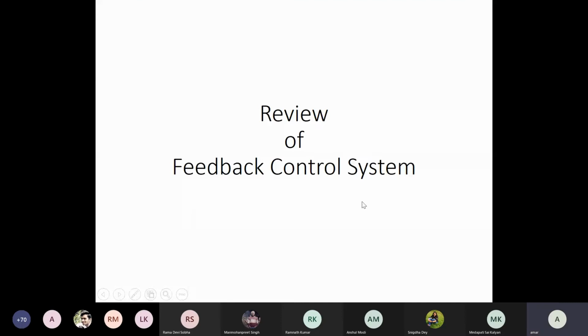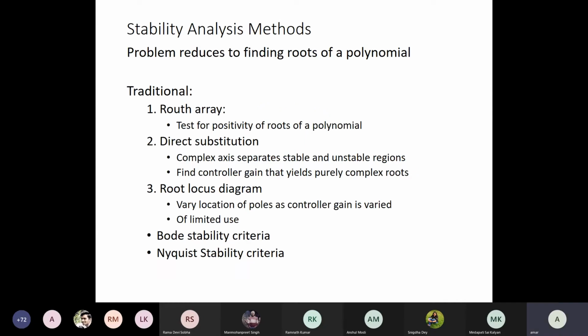So we will be talking about the review of feedback control systems, which we will be continuing because I started this topic two or three classes before. In the last class we talked about stability analysis methods.